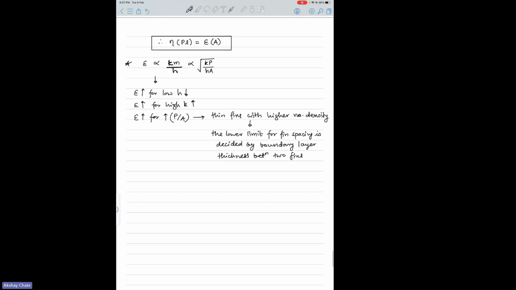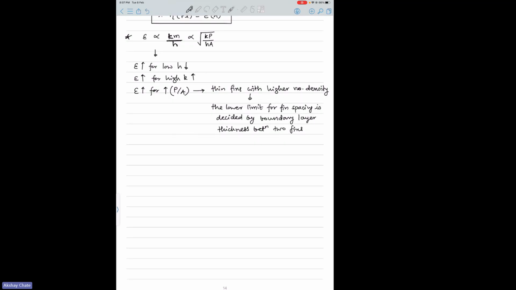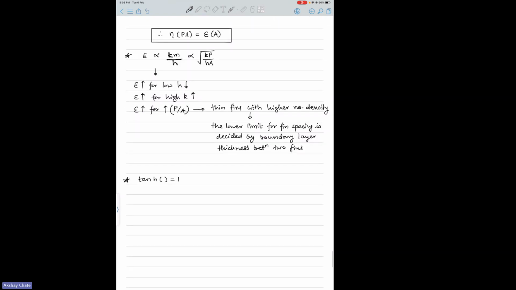And one more thing, for the infinitely long fin, tanh(mL) has a limit. Let me check. See, the tanh value becomes very high, I think, after 5 or something like that.